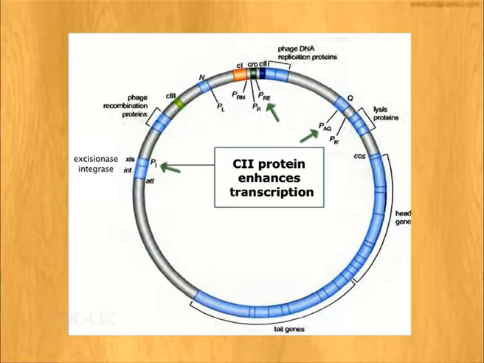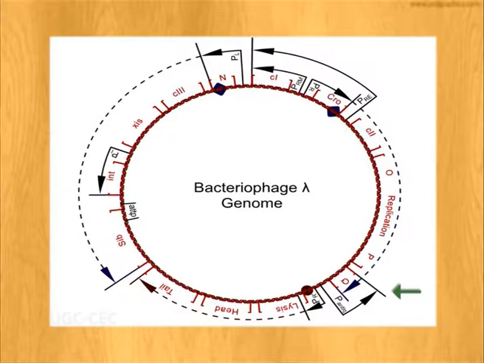Here comes another beautiful example present in lambda phage, that is, antisense control of regulation of gene expression. Here you look, the PAQ promoter is present in the Q gene but on the opposite strand. So, the transcript produced from PAQ is complementary to the Q mRNA.